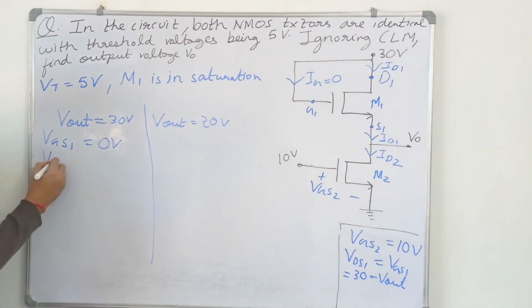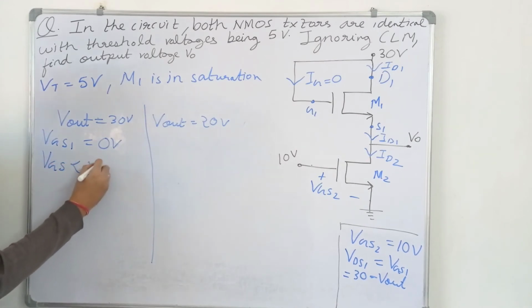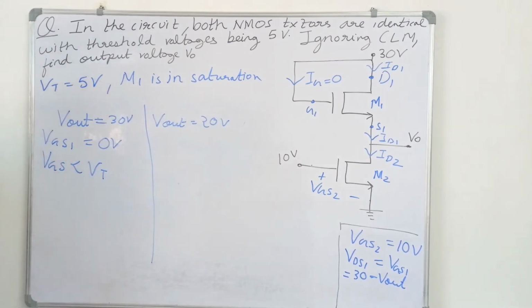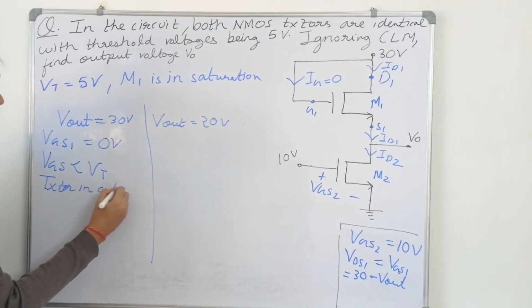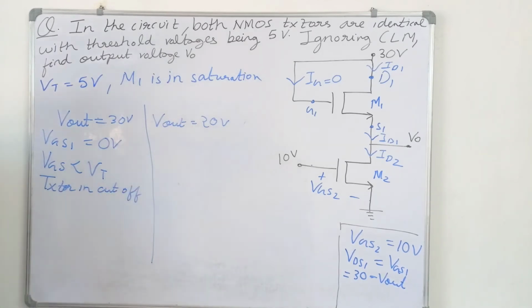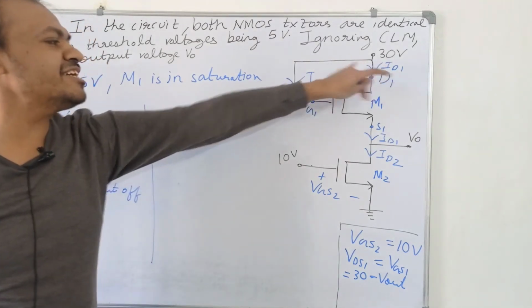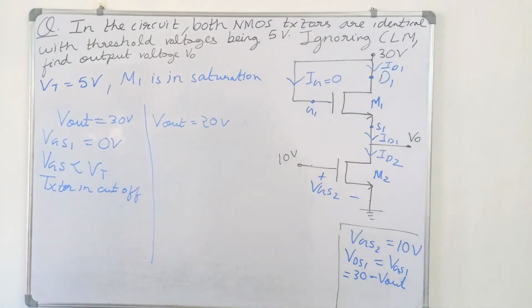So VGS is less than VT, which means the transistor is in cutoff. But we know that M1 is in saturation because its gate and drain are connected together. So this Vout has to be wrong.